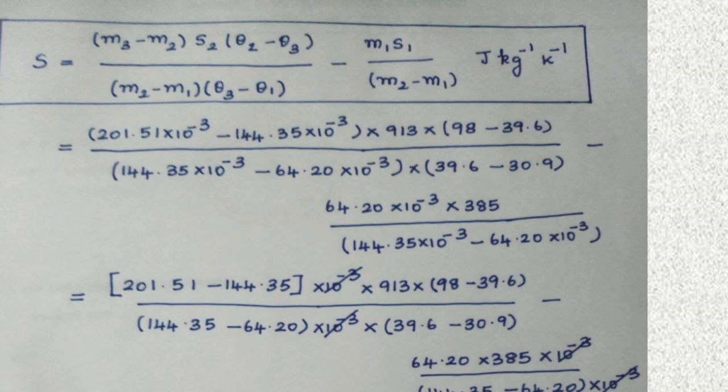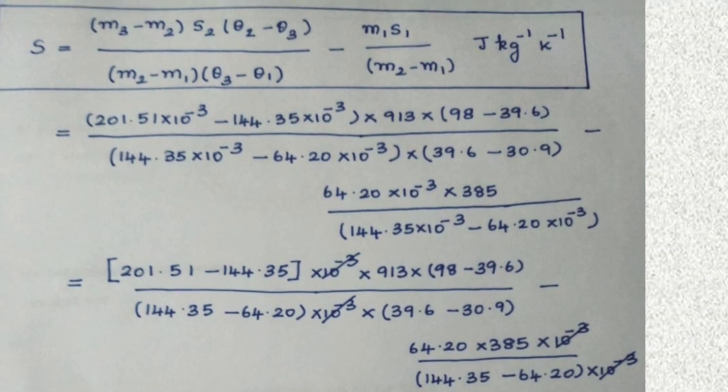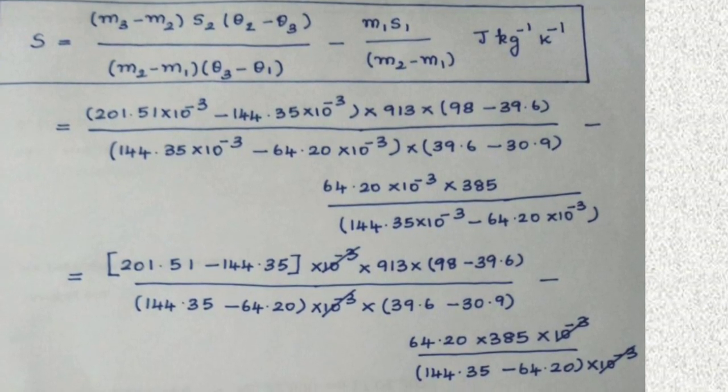The whole thing is divided by 144.35 into 10 power minus 3 minus 64.20 into 10 power minus 3, into 39.6 minus 30.9, minus the value of M1, 64.20 into 10 power minus 3, into 385, divided by 144.35 into 10 power minus 3 minus 64.20 into 10 power minus 3.